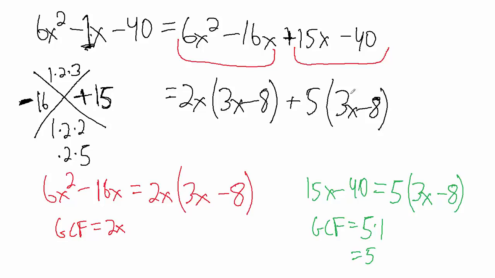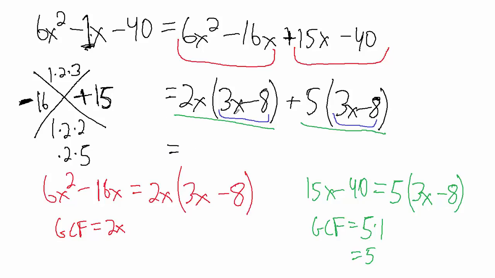And then the last thing to do with factoring by grouping is we look at the expression here, we see, okay, here's one term, here's another term. These two terms have the factor of 3x minus 8 in common. So we can pull out that common factor, and we're going to end up with, let's keep the colors consistent.